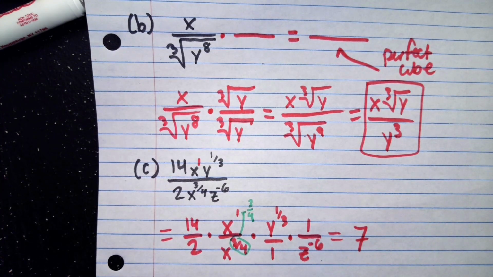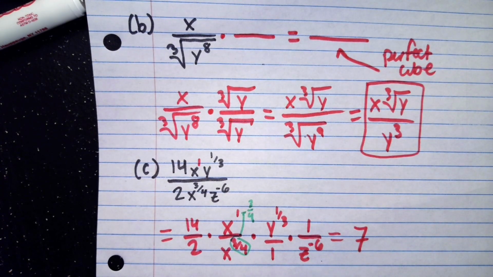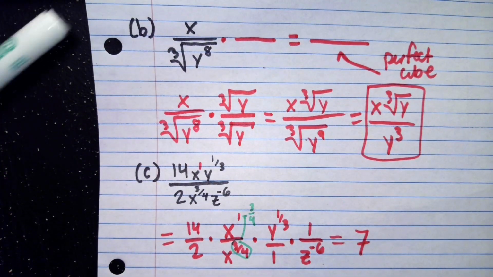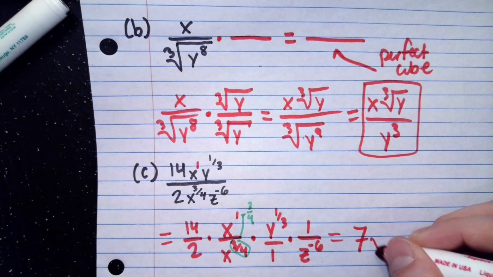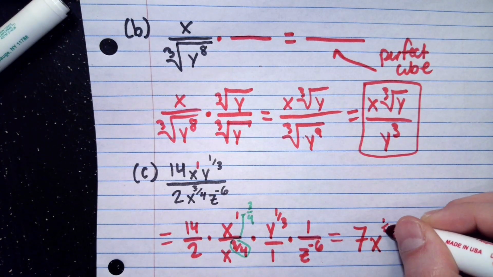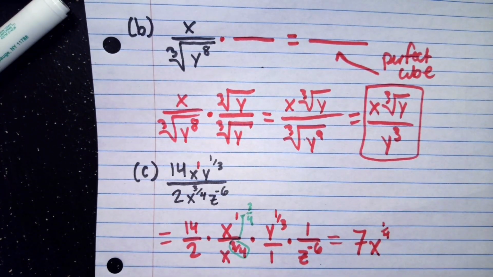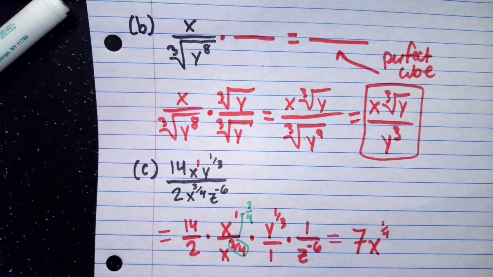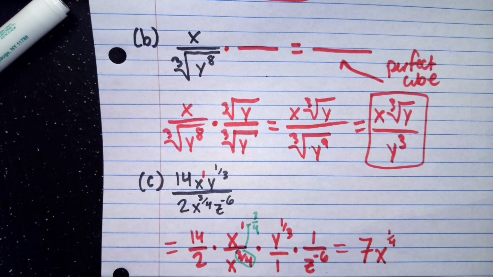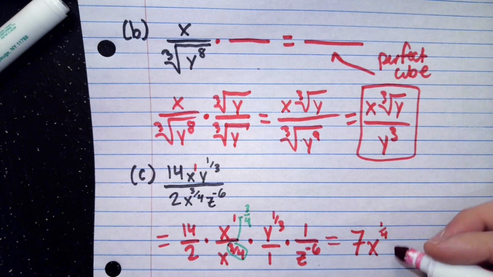So 1 minus 3/4 is going to give me 1/4. So x now has a 1/4 power. And then y to the 1/3, well, that one's already positive and there are no more y's, so I'm just going to leave that right there.